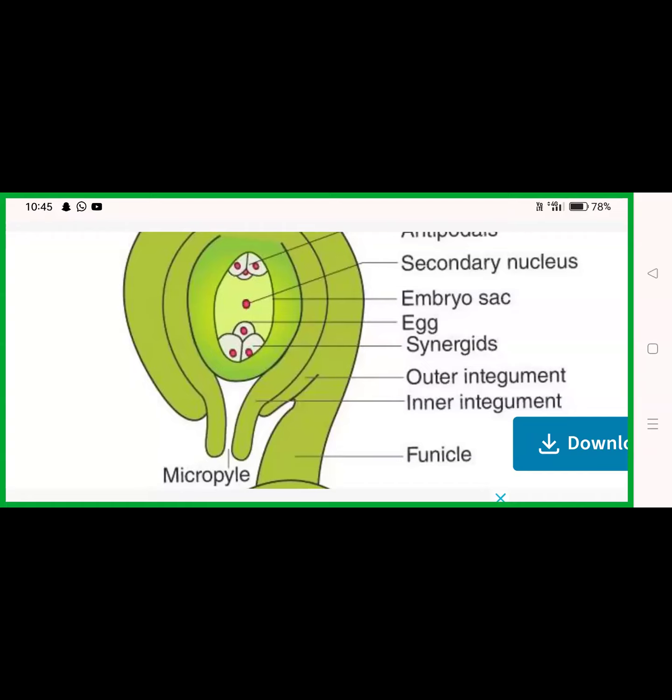Next, apogamy, apospory, and apomixis. These three terms are also very important in our CPGET entrance. Apogamy is the development of the embryo from a cell of the embryo sac other than the egg.